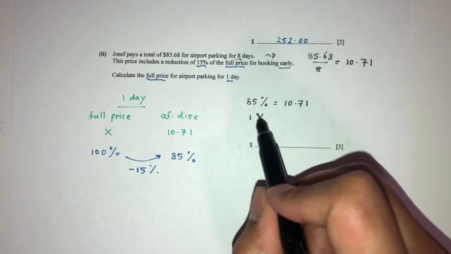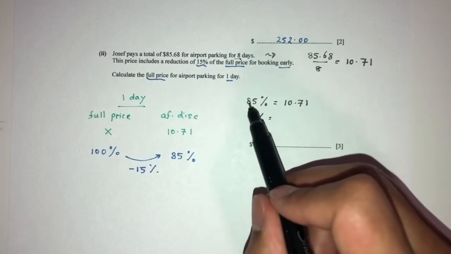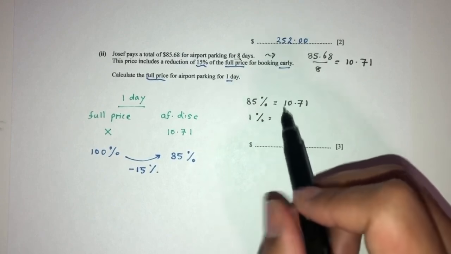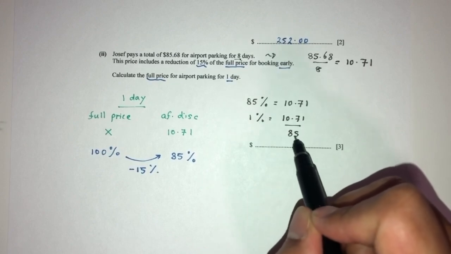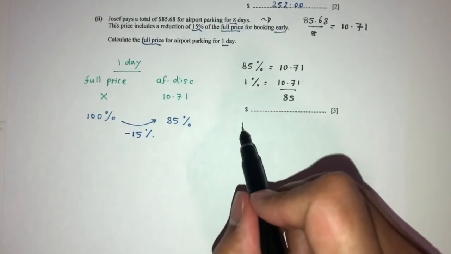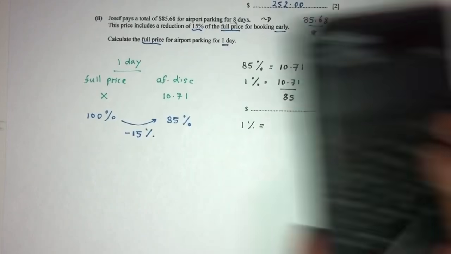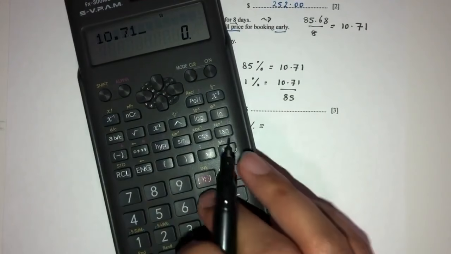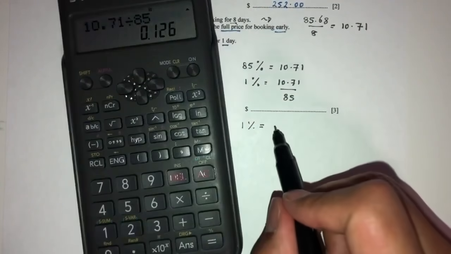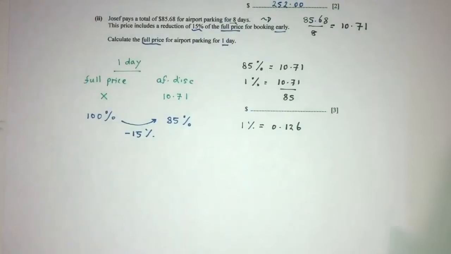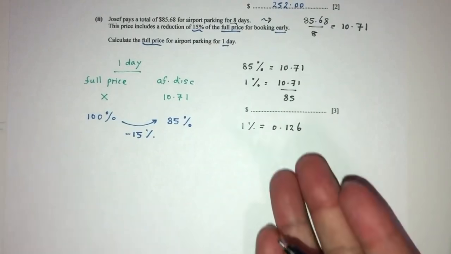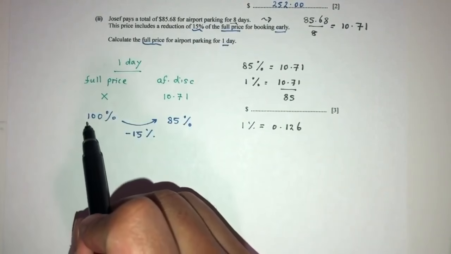Now 1% represents what? To make 85 become 1, I have to divide by 85 on both sides. You will have 10.71 divided by 85. So 1% is 0.126. Now I'm trying to find the initial price, which is at 100%.